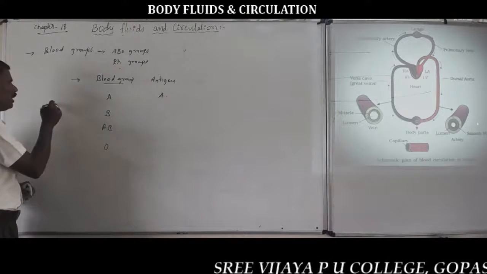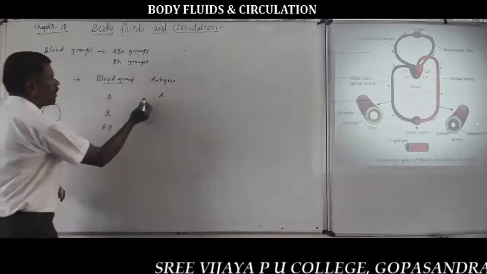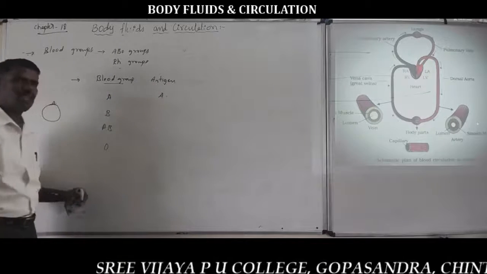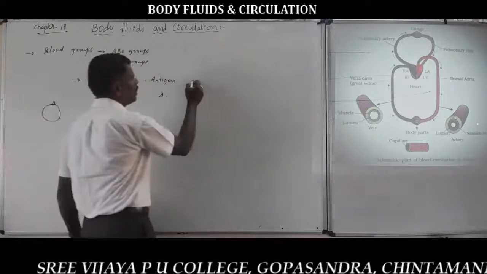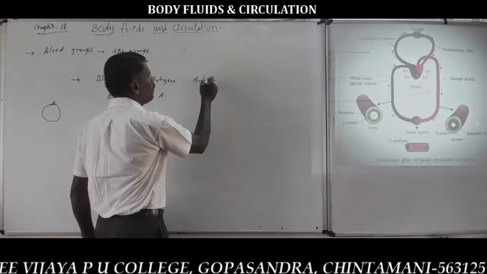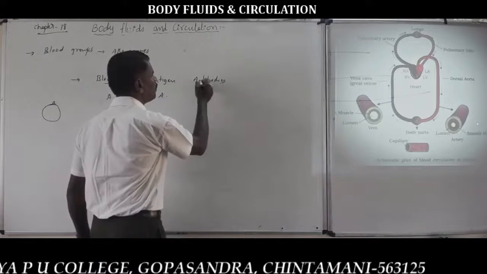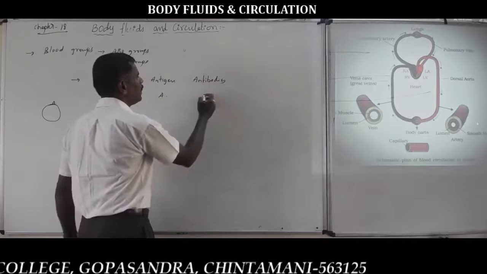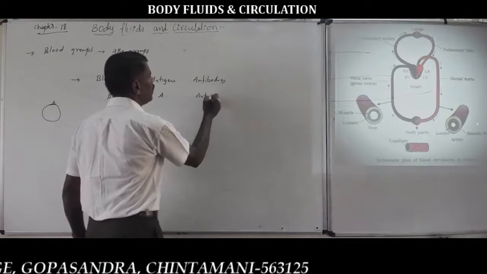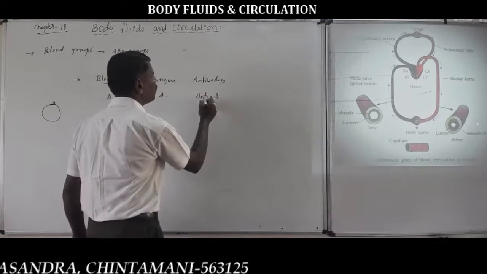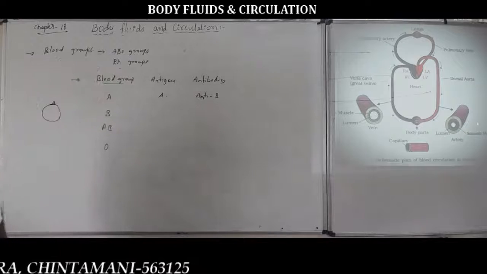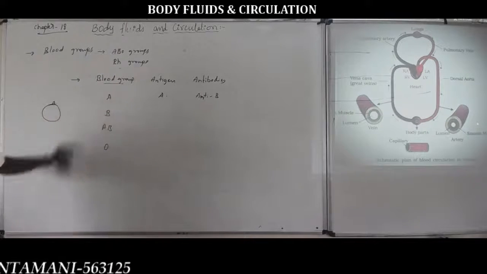If A antigen is present, that is blood group A, in which the antibody present is anti-B.